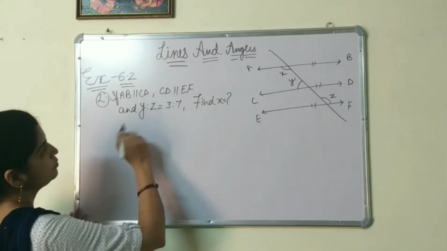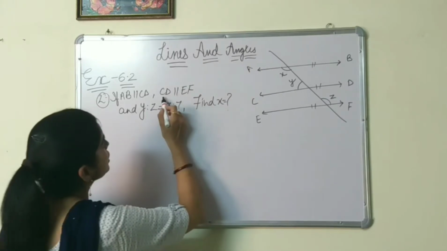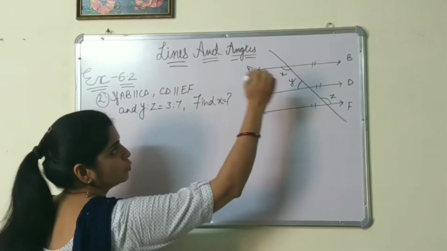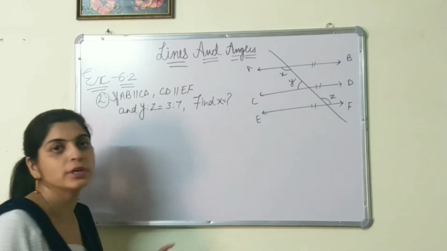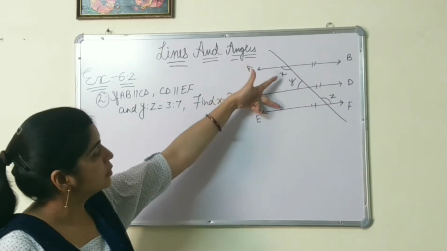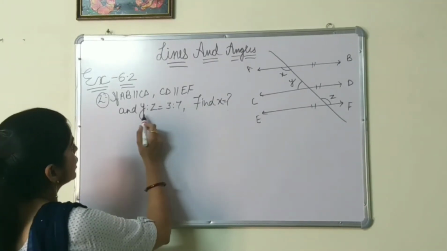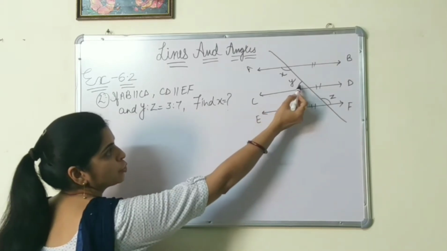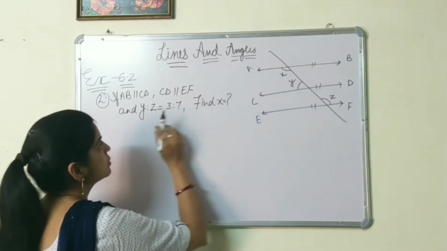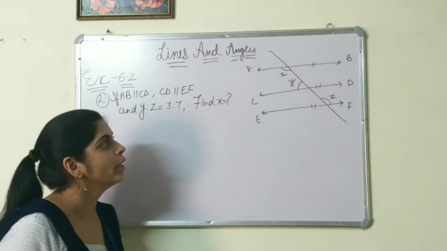In the next question, here line AB is given parallel to CD and CD is parallel to EF. So we can say that AB is parallel to CD is parallel to EF. The given three lines are parallel, and the ratio of angle y and z is given as 3:7, and we have to find out the value of x.